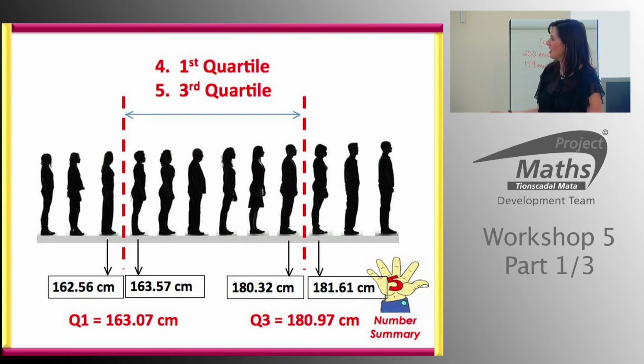We'll have to take 2 heights and get the average. So there's my first quartile. And then my third one is 3 quarters. We don't get 2 quarters, isn't that right? Because that's the same as the median. Okay, so 3 quarters. And now I've got my middle 50%, the range for my middle 50%.